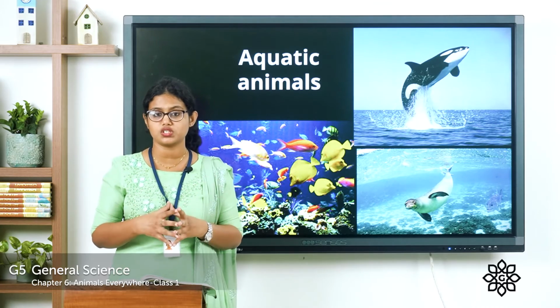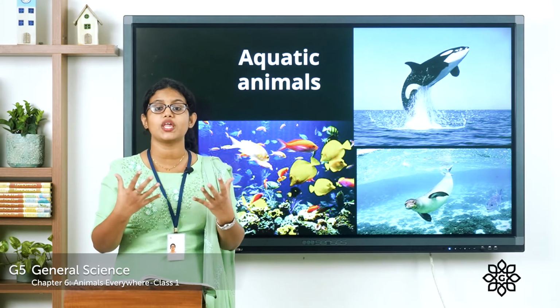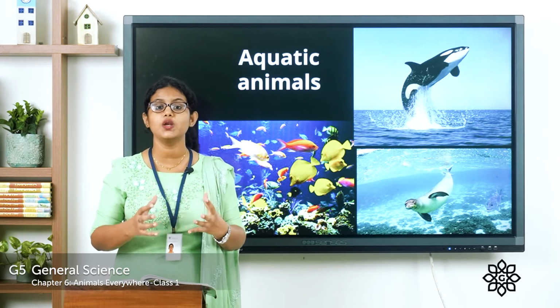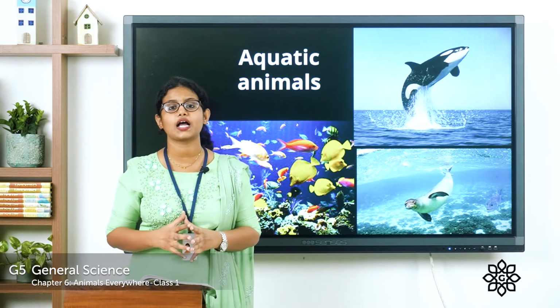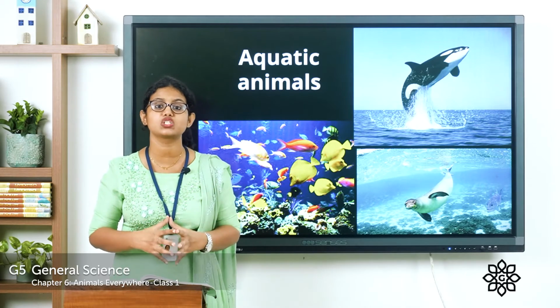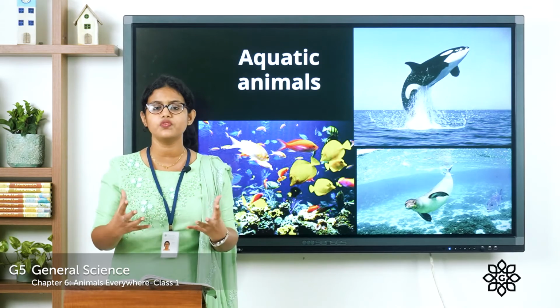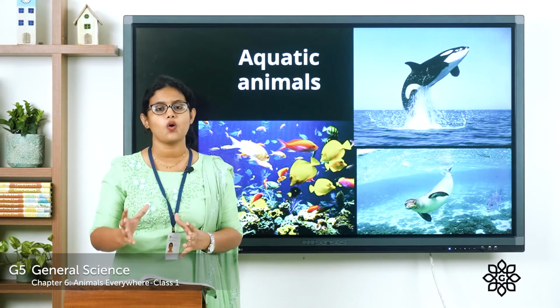They take in oxygen which is dissolved in water through their gills or through their skin. They cannot live on land because they have features that are helpful for them to survive in water.